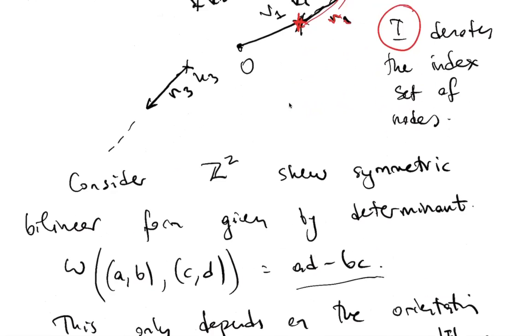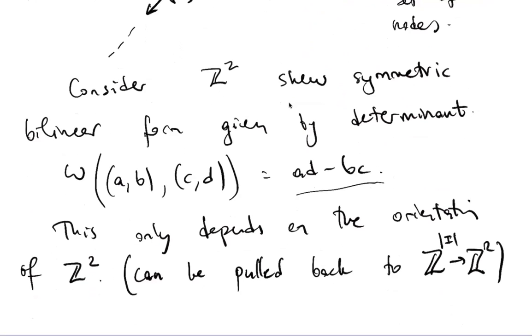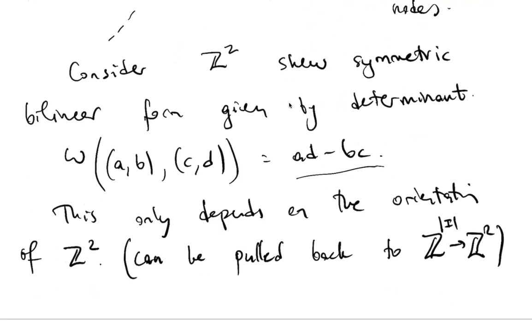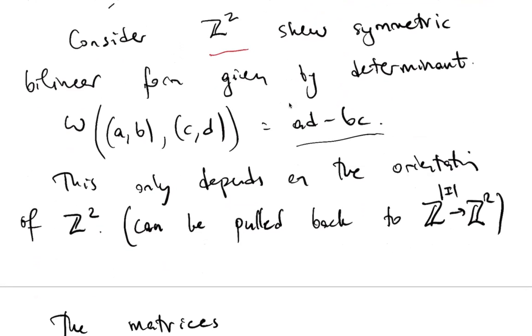Now, those shear matrices that I introduced can be thought of in a slightly more invariant way. I can equip Z2 with the skew symmetric bilinear form given by just the determinant. This form only depends on the orientation of Z2, not on the basis.